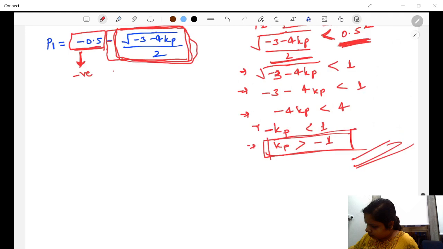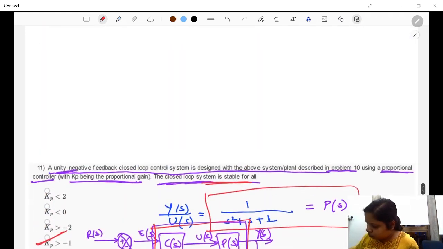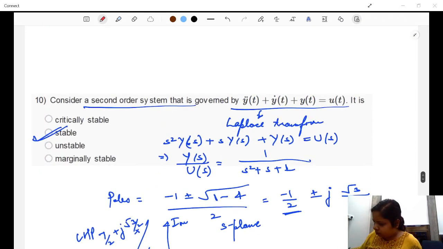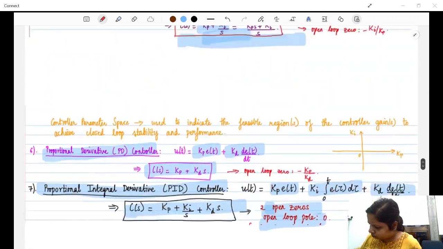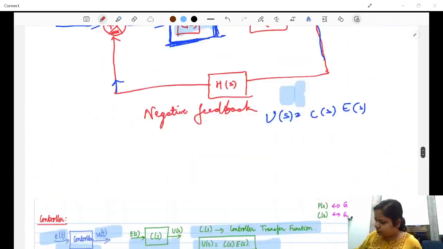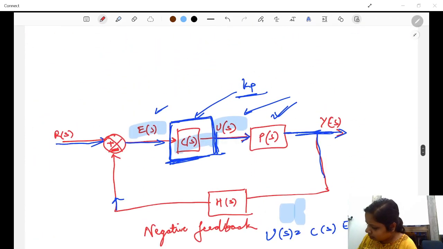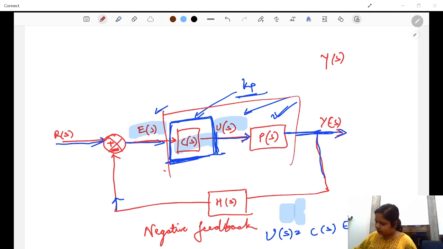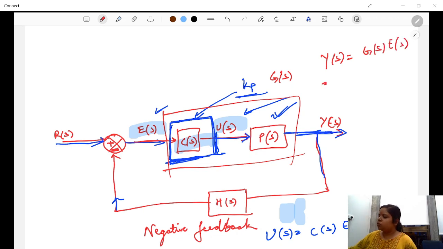When I showed you this, how can this be done? Ys can be written as, this whole is Gs. So Ys can be written as Gs into Es.